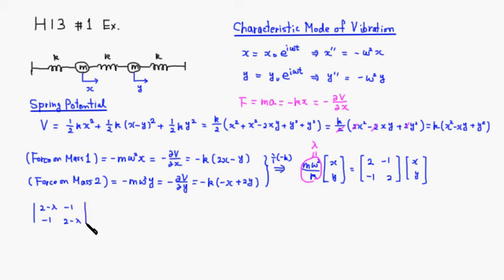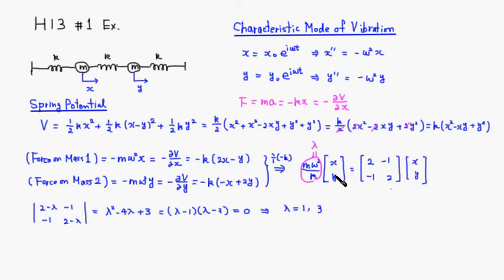This times that is going to be lambda squared minus 4 lambda plus 4, then you have to minus 1, so it's going to be plus 3. So we can factor this as lambda minus 1 times lambda minus 3. We set this equal to 0, and you will get lambda equals 1 and lambda equals 3, right?